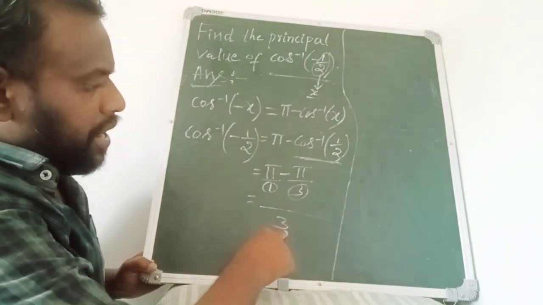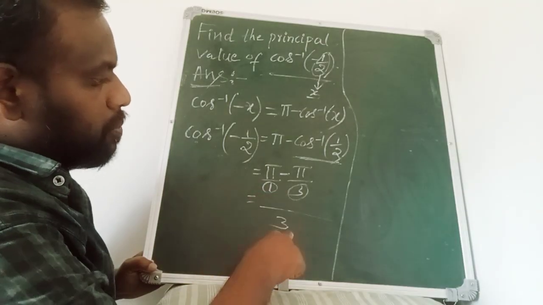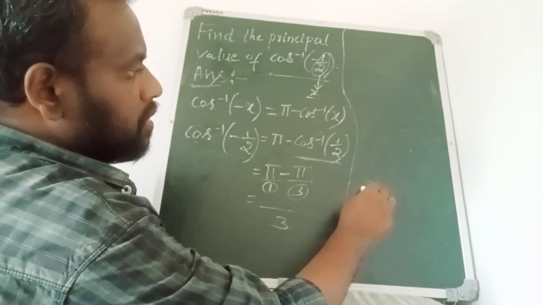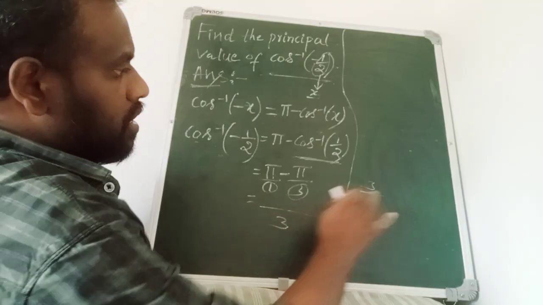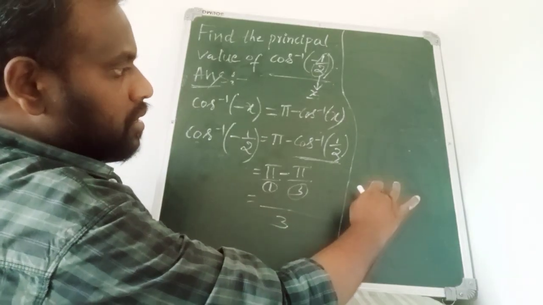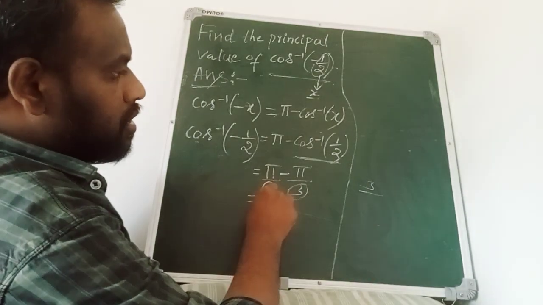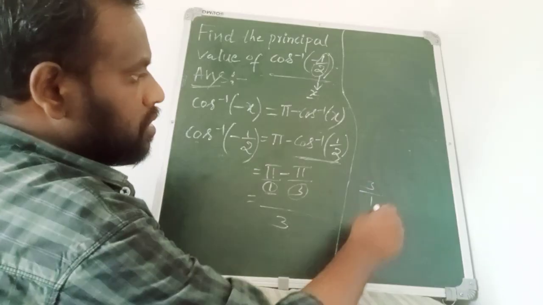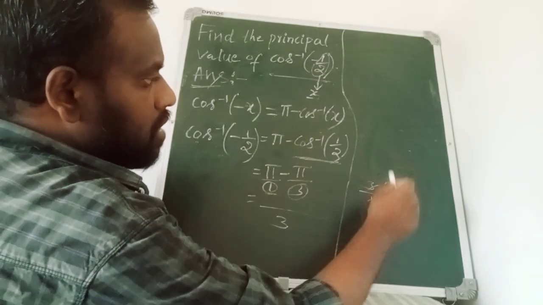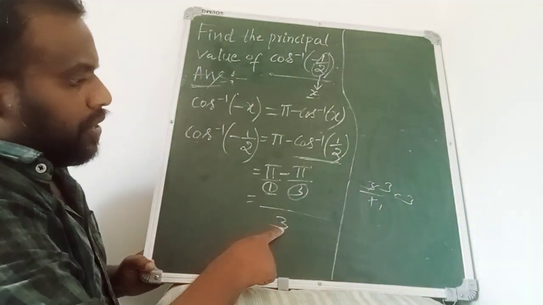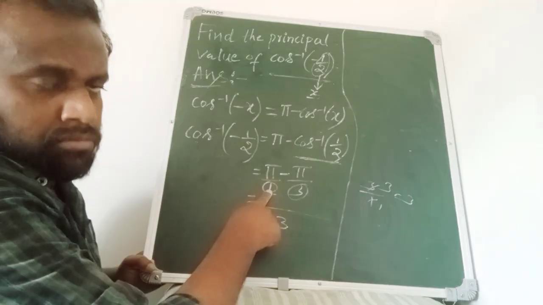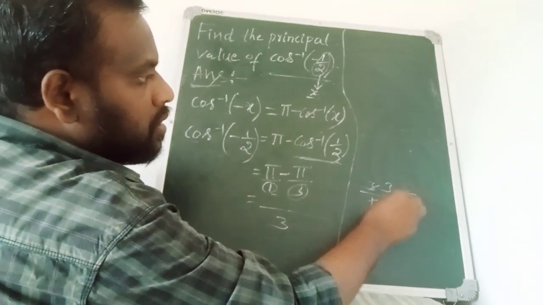Now if we divide this 3 by 1, what do you get? 1 ones are 1, 3 ones are 3. So we get 3.